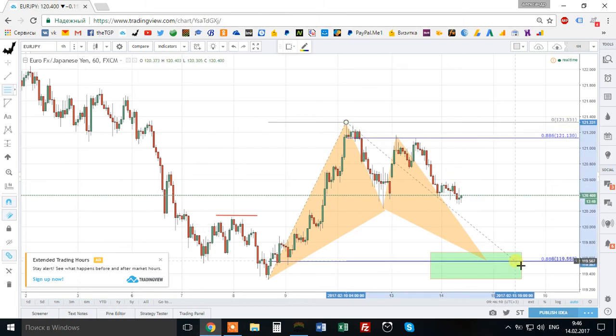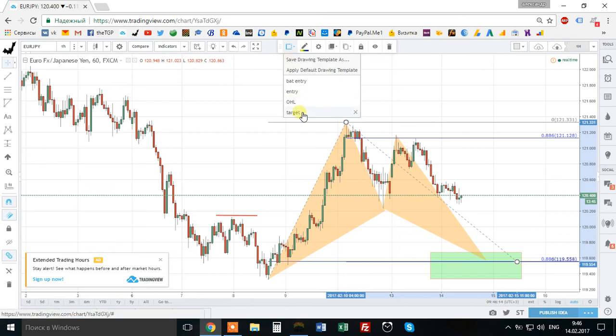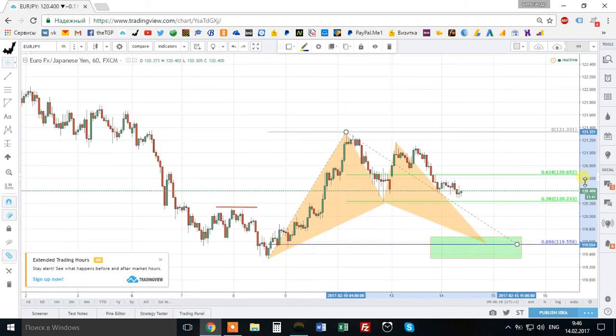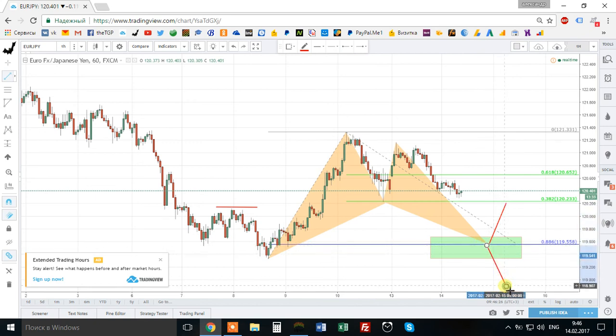Let me enable these levels of targets, 382 and 618. We have a higher probability of price to move this way after it hits this level than to move lower. Do you understand what this means? So this is the setup for today, guys.